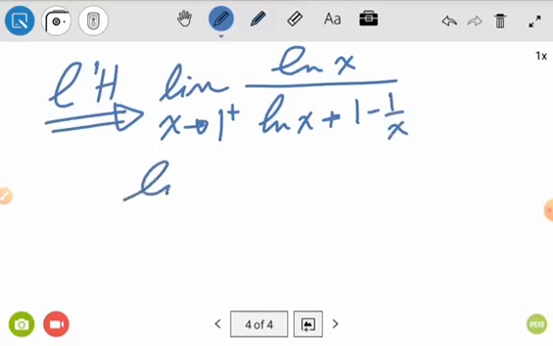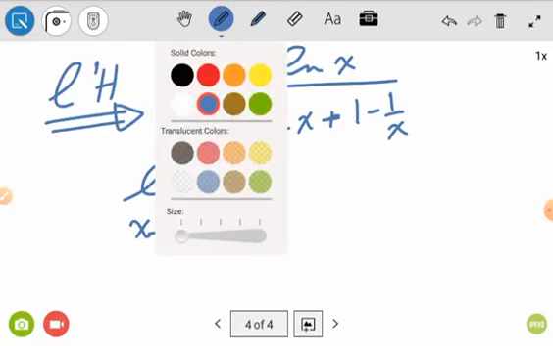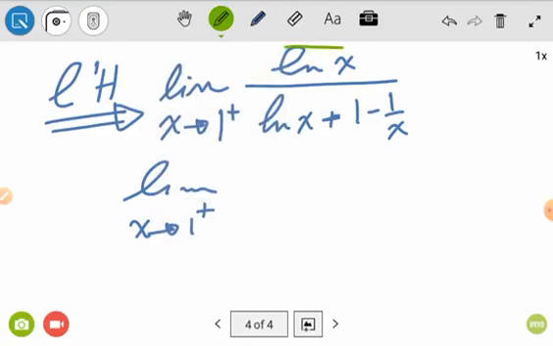What's the answer? It will be the limit as x approaches 1 from the right side of the derivative of ln x. What's the derivative of ln x? It is 1/x, over the derivative again of the denominator.